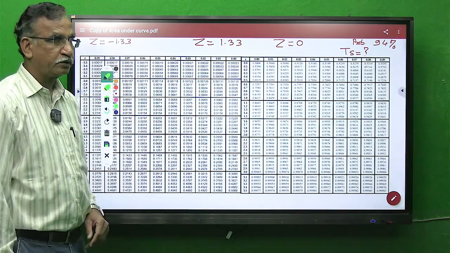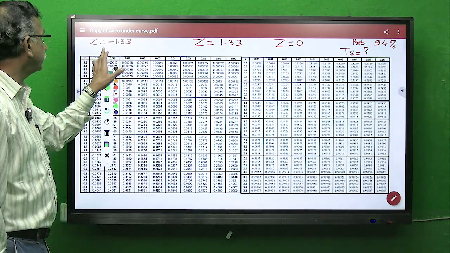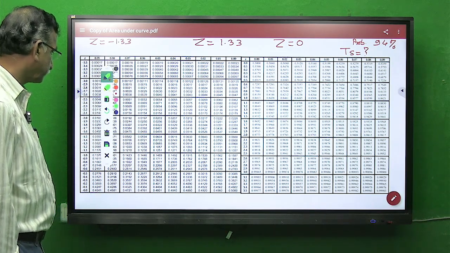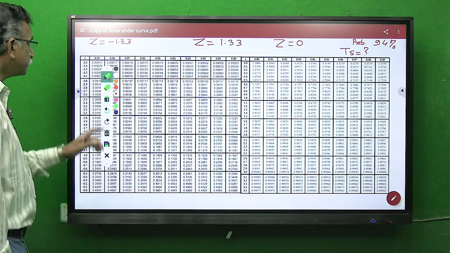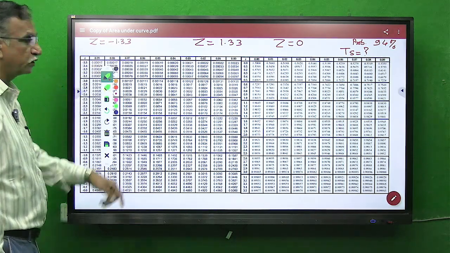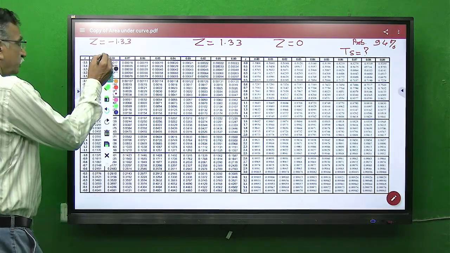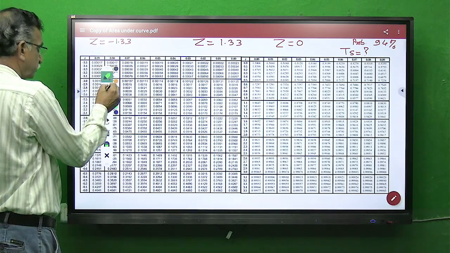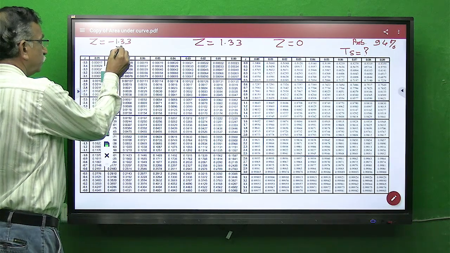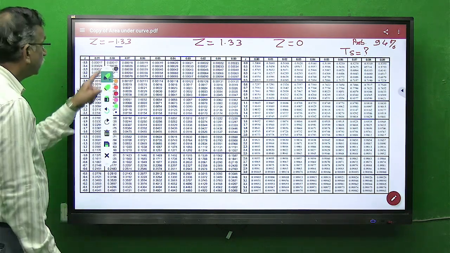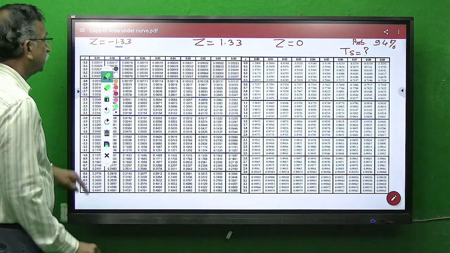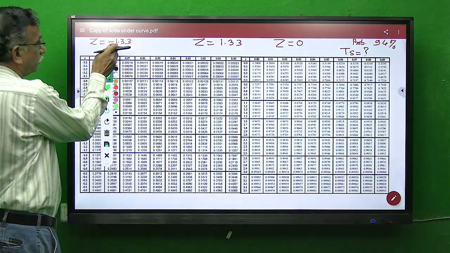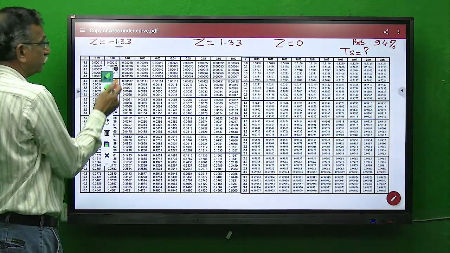So first we will see what is the probability for z equal to minus 1.33. Now see here how to check this table. First we know this z column, vertical column, is having two values. These two values, 1 point something, and now here below, ahead of this decimal, again 2 digits.